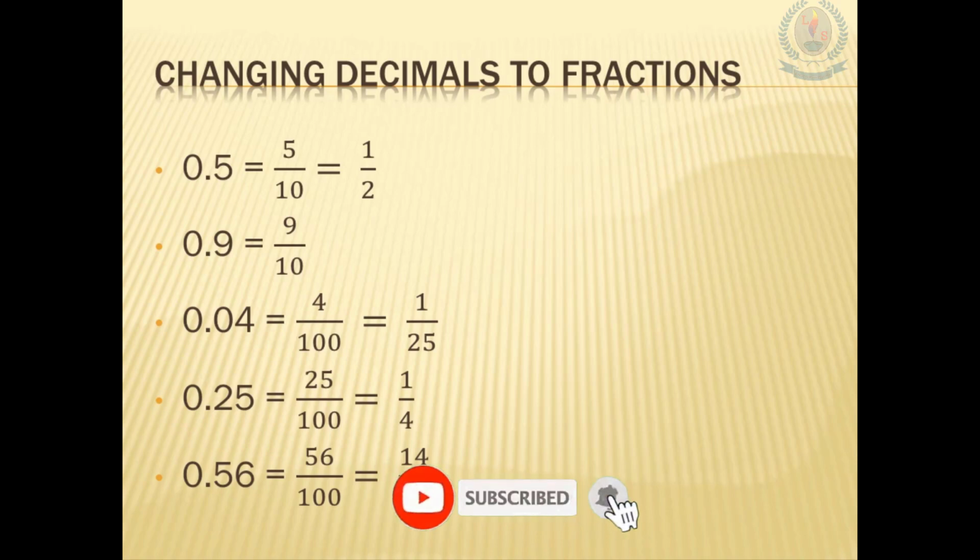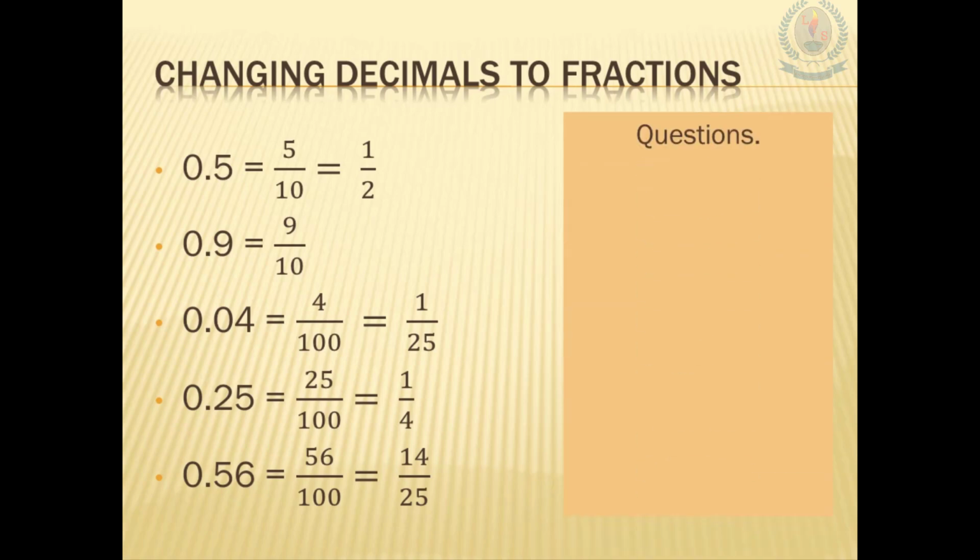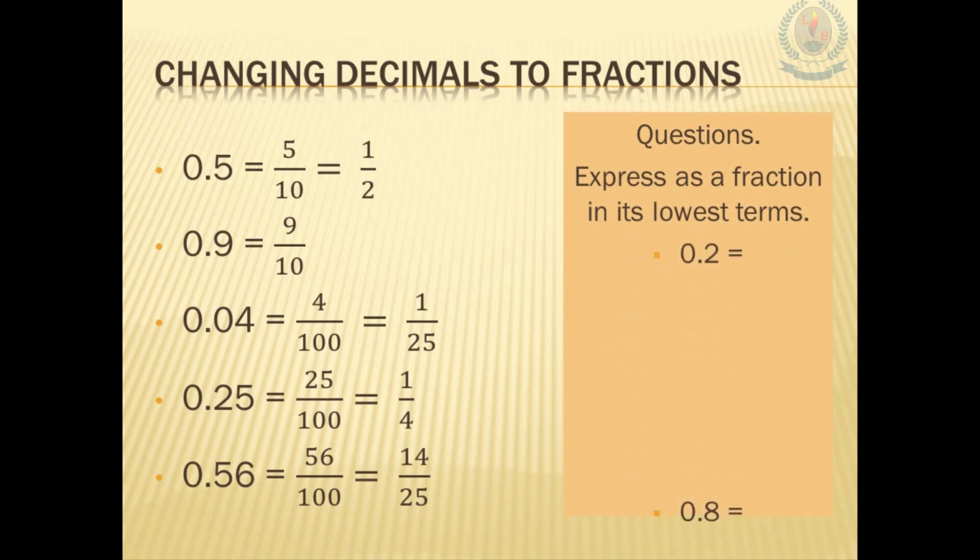You can simplify that fraction by dividing by 4. 56 divided by 4 is 14. 100 divided by 4 is 25. By using this method, you can write the answers for these questions.